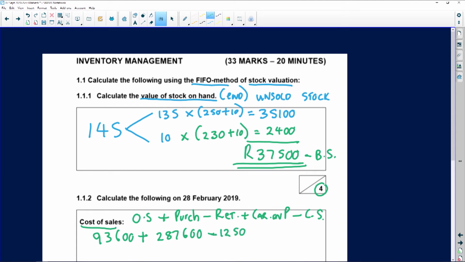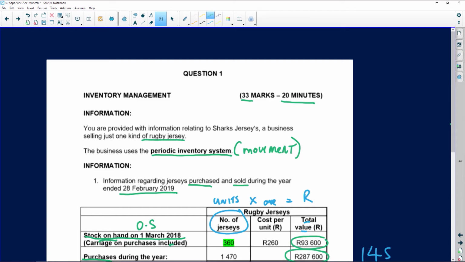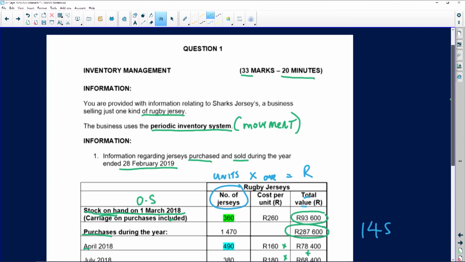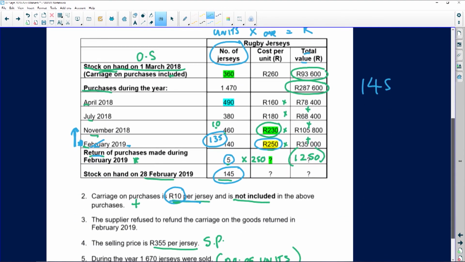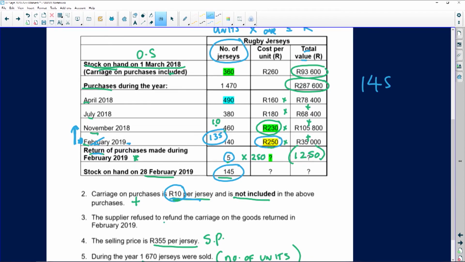Then carriage on purchase, remember you're going to add carriage on purchase. And remember, because we didn't receive a refund, somewhere at the bottom here, the supplier refused to grant a refund on the carriage on goods returned in February. So we're not going to get a refund on the 5 jerseys. We've got to include all the jerseys when we're calculating our total carriage on purchases.